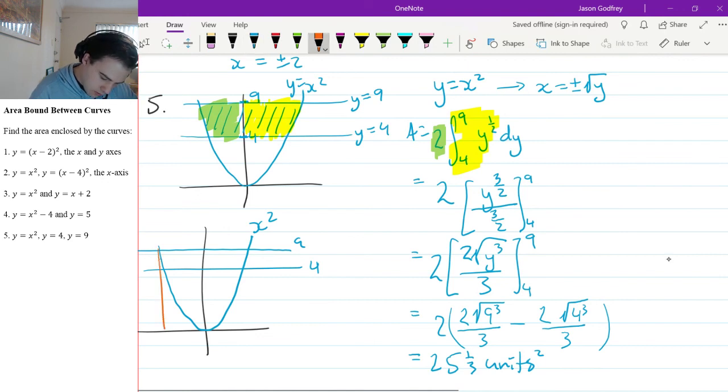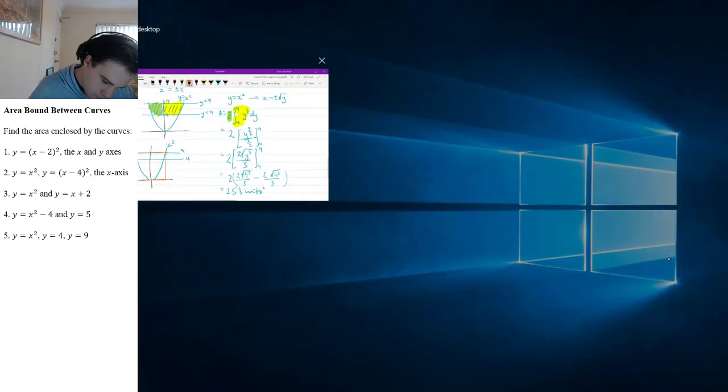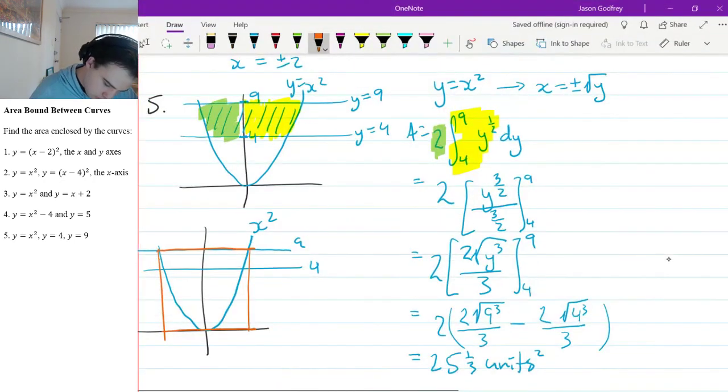If you find this big rectangle here, which will be from -3 to 3, and where are these points here?